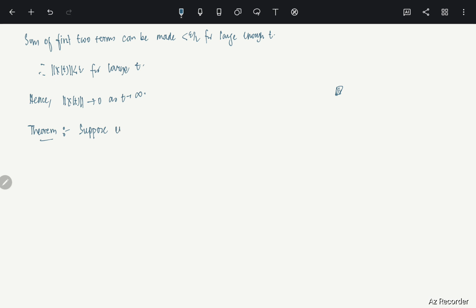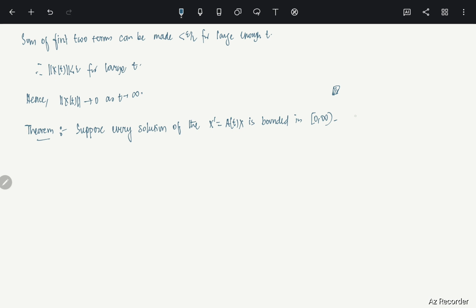Suppose every solution of the differential system x prime equals A t times x is bounded in 0 infinity. Again, why 0 infinity? Because we are looking for as t tends to infinity, so we don't care about what happens at negative time.